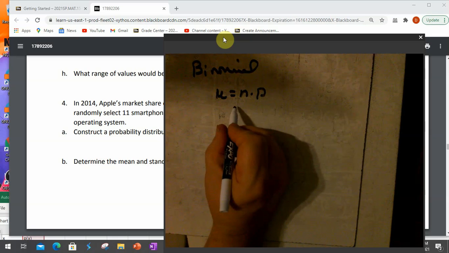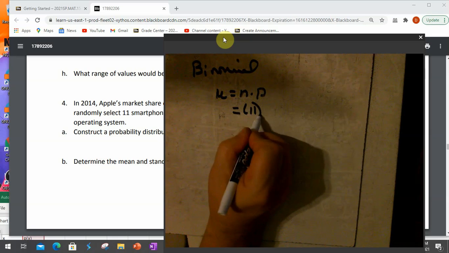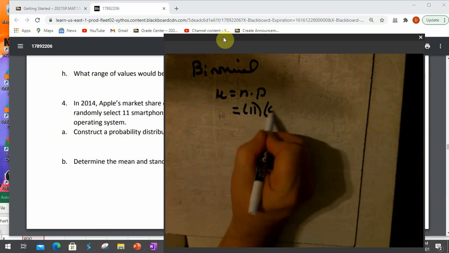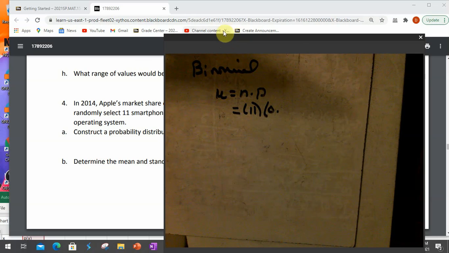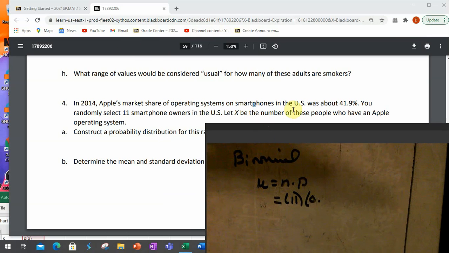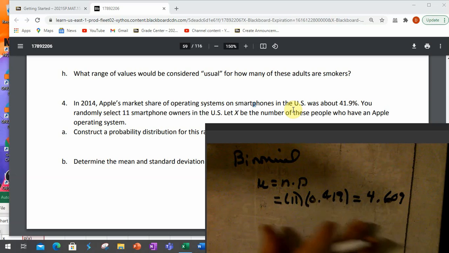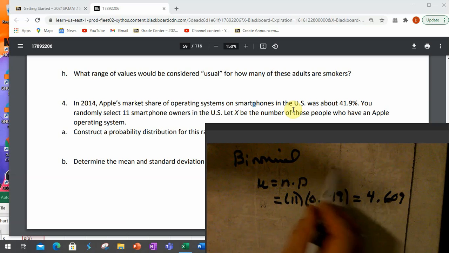Out of 11 people, with a percentage of 0.419, the mean is 4.609. Okay, that would be the mean. That's sweet. That is much better than the sum of the x times p of x.